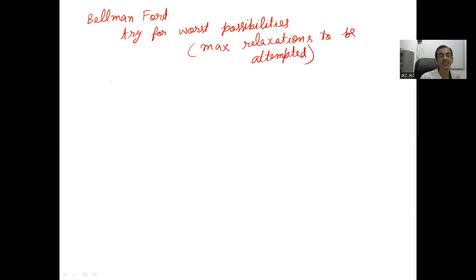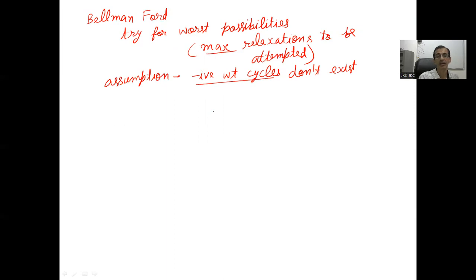The assumption for Bellman Ford is that negative weight cycles don't exist, though negative weight edges can exist. This assumption will help me attempt the maximum worst-case relaxations. What are negative weight cycles? Suppose I have a cycle from node 2 to node 3 with weight 3, and 3 back to 2 with weight -4.